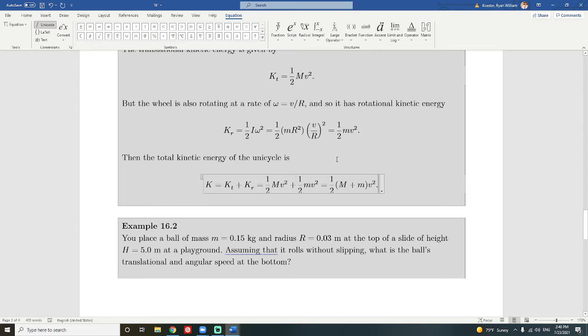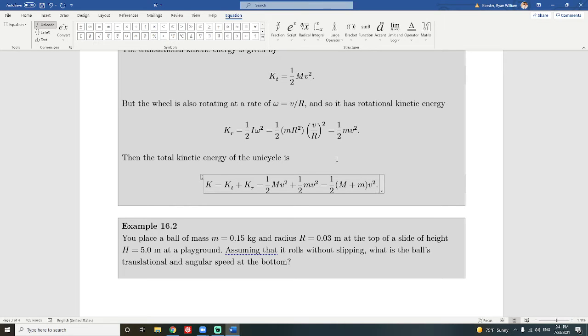And so remember the very general, simple example we started this video with, where the translational kinetic energy and the rotational kinetic energy were equivalent, and we could just express them different ways, right?